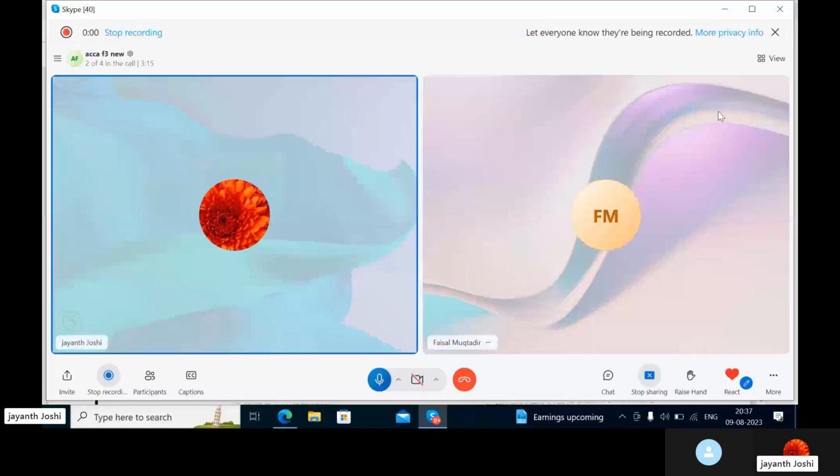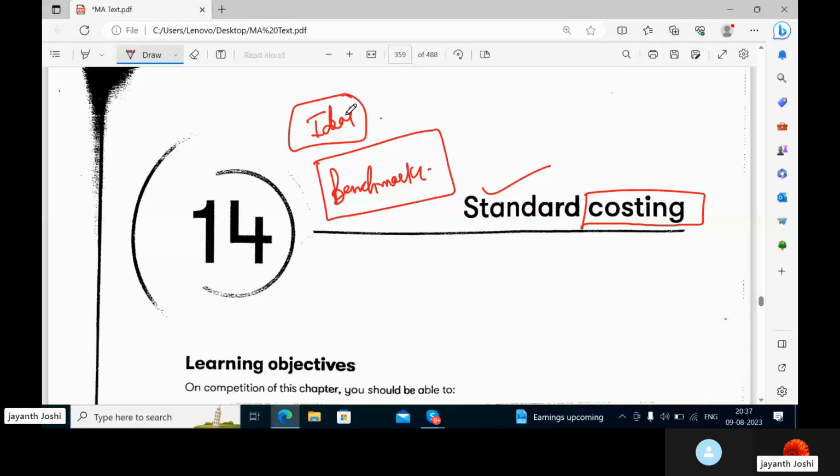What do you mean by benchmark? A benchmark is something which is ideal. If I set some standards, then definitely I can compare my actual outcome with those standards.